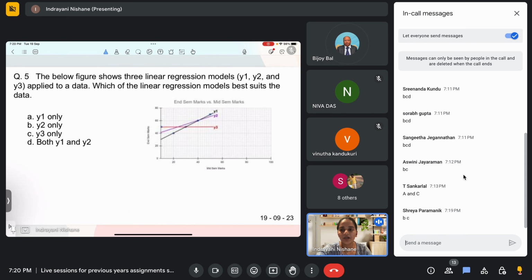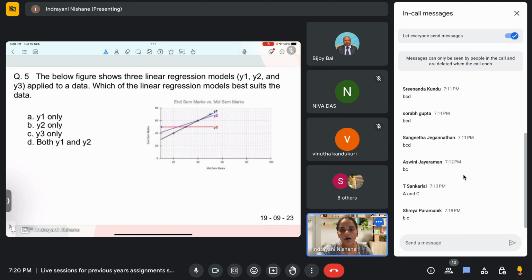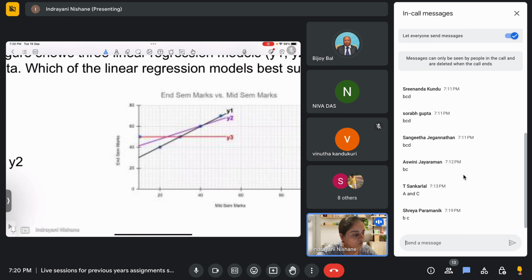Next question: there's a graph given and we can see three models, y1, y2 and y3. Now we have to see which regression model best suits the data. That means we have to come up with this R square, using the actual data points. Can you see this blue? It looks like y1, but there is one data point over here also.